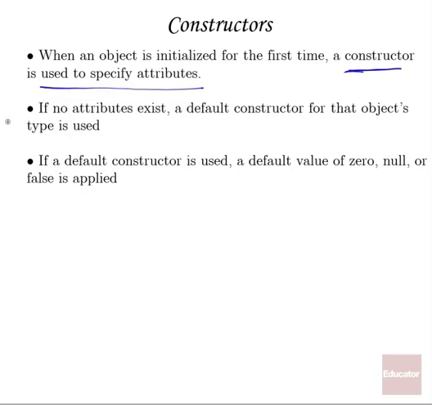If no attributes exist, Java uses a default constructor, and if the default constructor is used and you don't apply any specific parameters or attributes to it, then it will have a default value. That default value will usually be 0 if it's a number data type, null if it's a text string data type, or false or 0 if it's a Boolean type.